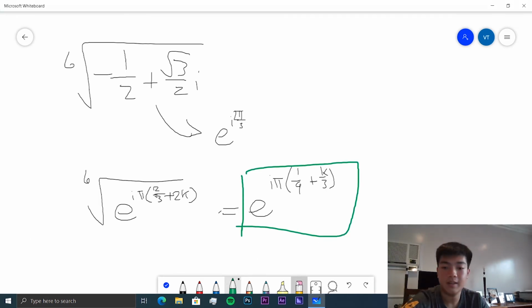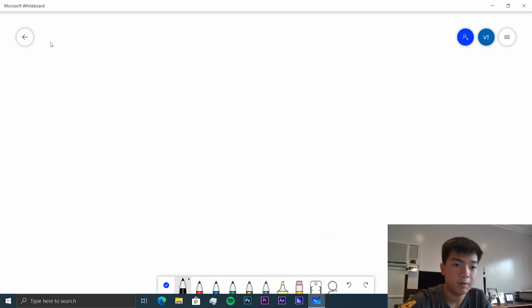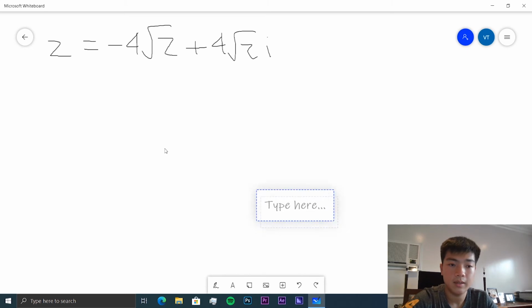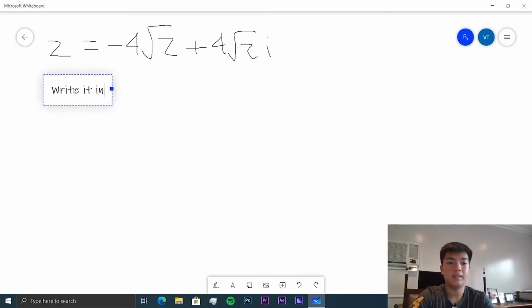And then finally, we have the last question where we have the complex number, which is negative 4 root 2 plus 4 root 2 i. So we need to first write it in Euler's form.